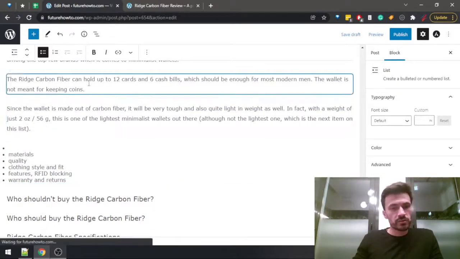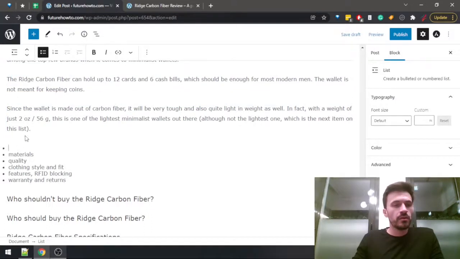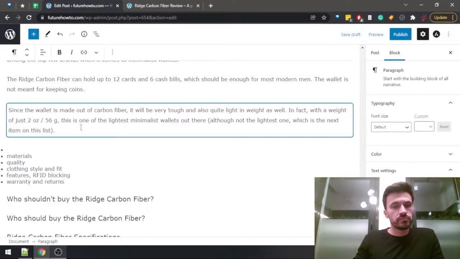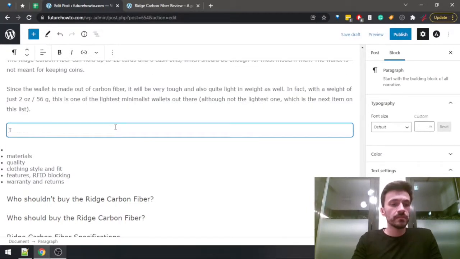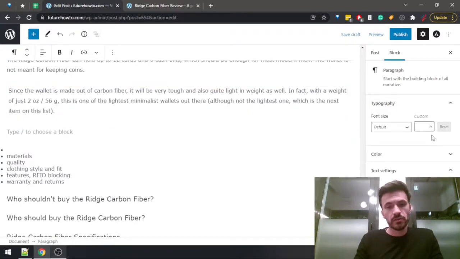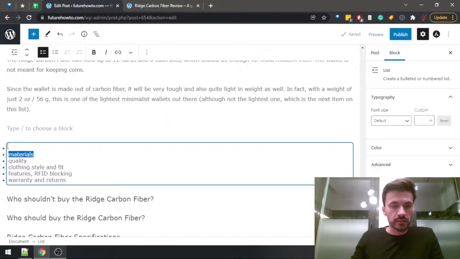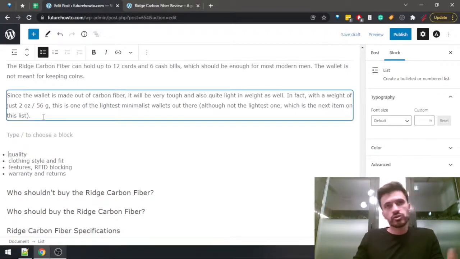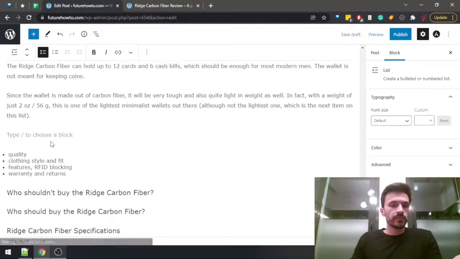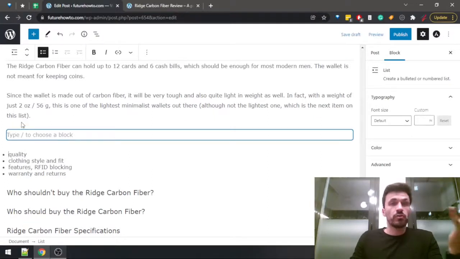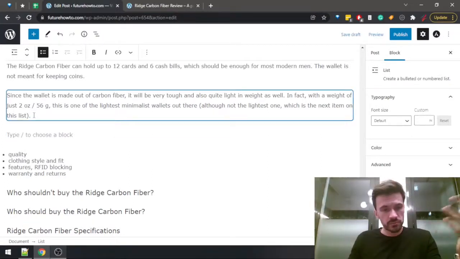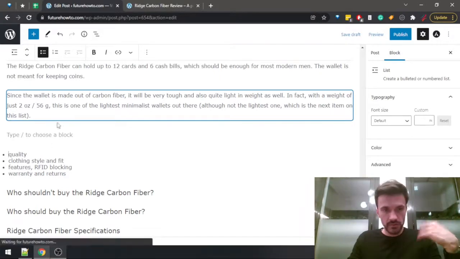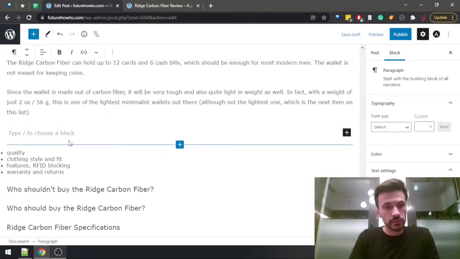Materials, we kind of mentioned that this is carbon fiber. Actually, we kind of covered this in here. I think there's no need to go into much more detail. We already mentioned the wallet is from carbon fiber, it's lightweight and it's also durable, which are the advantages of carbon fiber. So no need to say the same things over and over again.